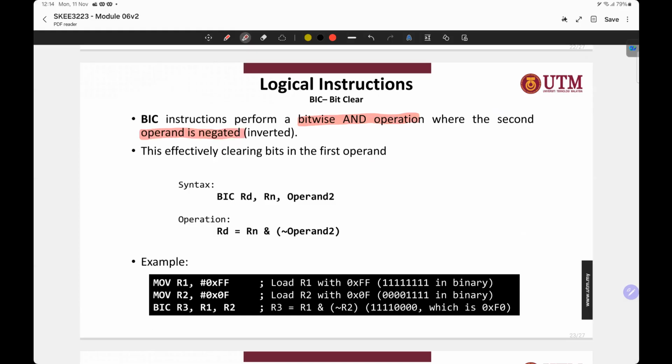Once you finish inverting the second operand, then you do a logical AND with the first operand. This is the syntax: BIC, RD, RN, and operand 2. Bear in mind that this operand 2 can come from a register or can come from an immediate number.